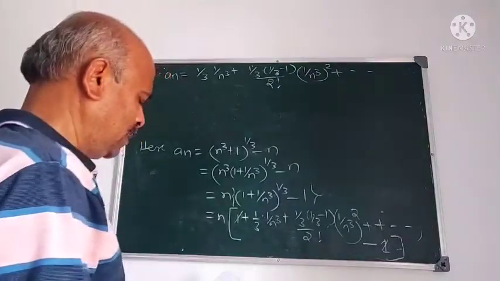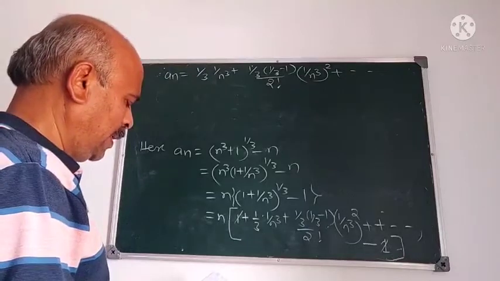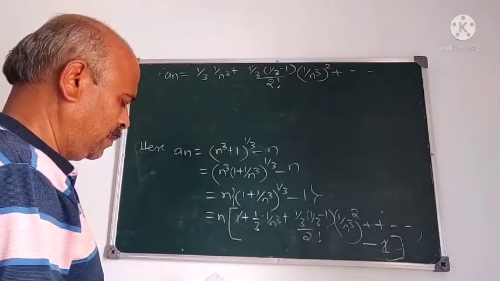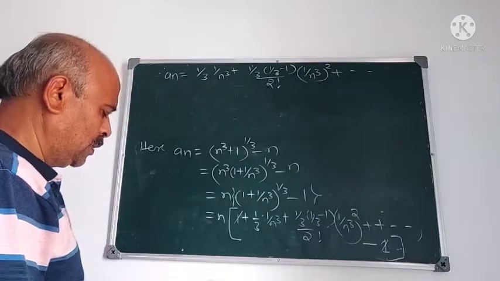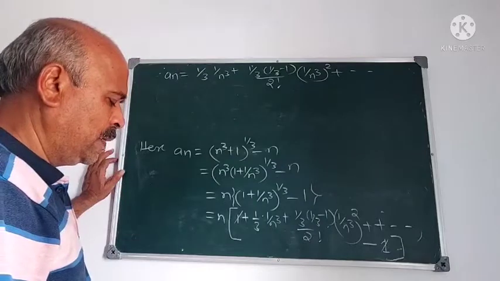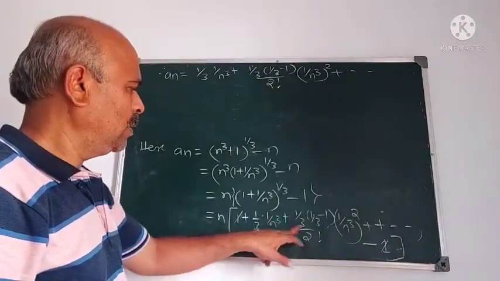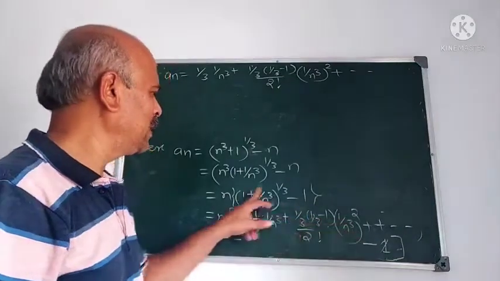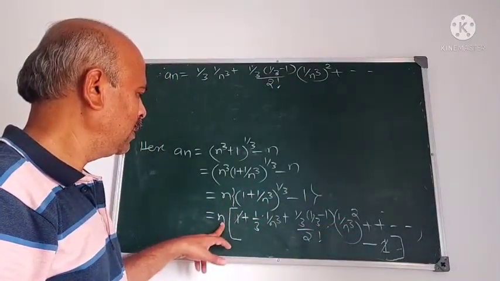Is it correct? Yes, just a minute. n into 1 plus 1 by 3 into 1 by n cube, plus 1 by n cube square, plus etc. This n common, n is there, yes.